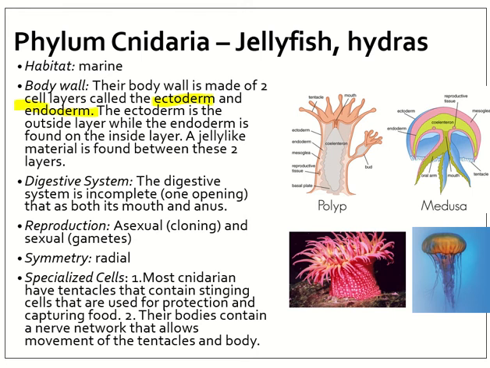They have an incomplete digestive system. So if you look here, you have one opening where food goes in and waste goes out. They can asexually clone themselves or reproduce sexually using male and female gametes. They are the ones that show radial symmetry, so you can cut them, and no matter which direction you go, both halves will look similar.